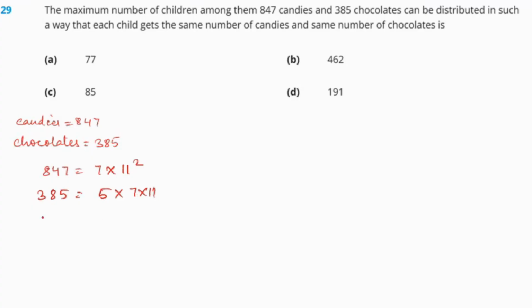So the HCF is very simple: 7 times 11, which is 77. That needs to be the correct answer, option A.